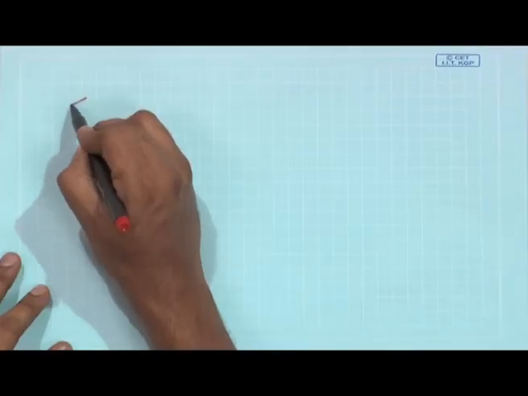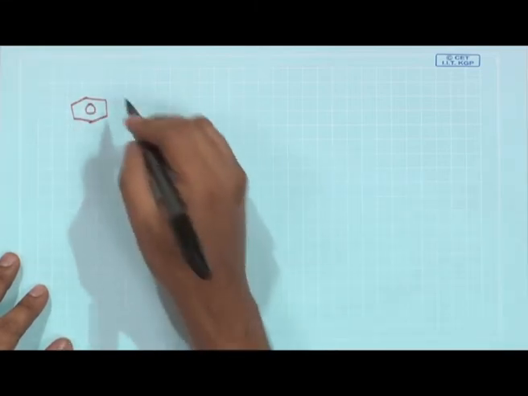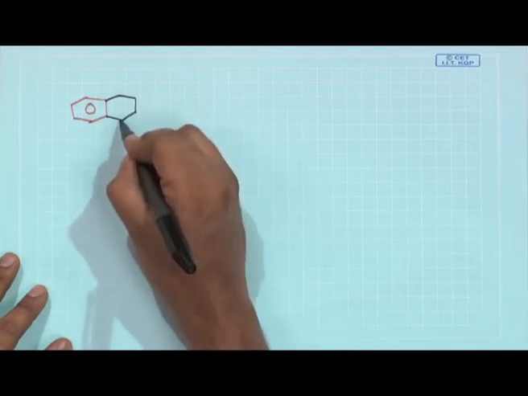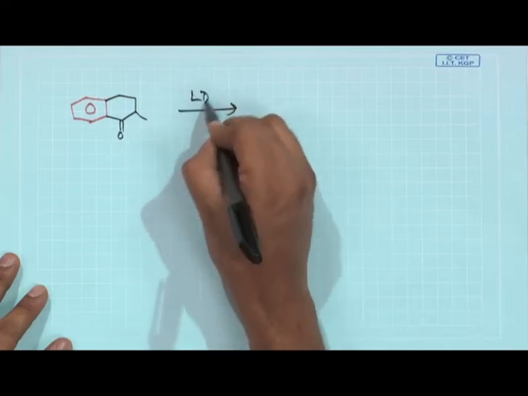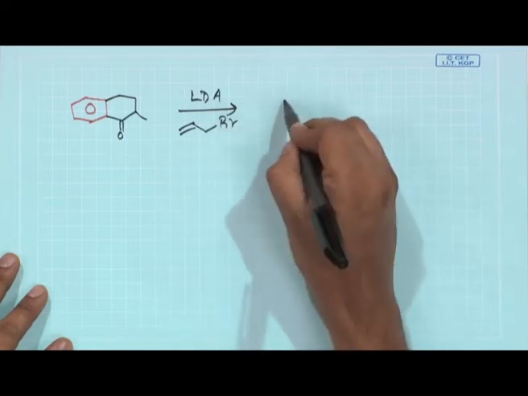Okay. So, your synthesis will now start in a forward pathway. We will start from this alpha tetralone compound, which is this compound, LDA 1 equivalent and allyl bromide.